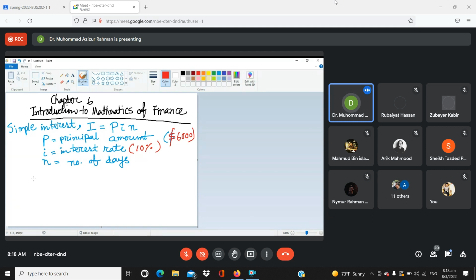So there are two ways actually we need to calculate. One is exact method.